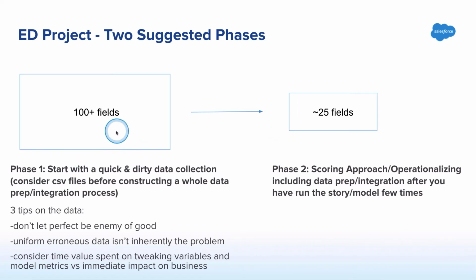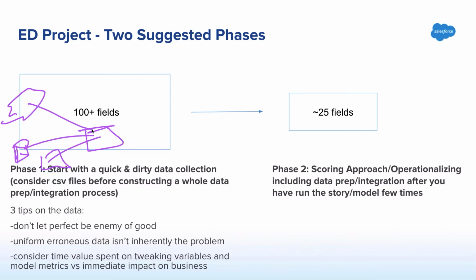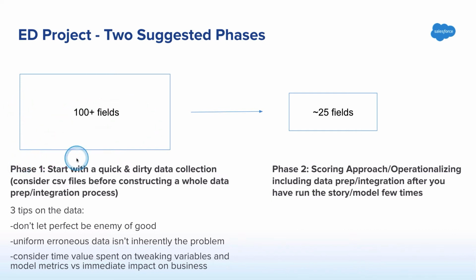Now, why is this important? Because I don't want you to get stuck on, I have data coming from Salesforce, I have data coming from another database on-prem, from another cloud, and I need to bring them all in. Don't waste time in the beginning on the data prep and the ETL tools. Get some CSV extracts, that's fine.